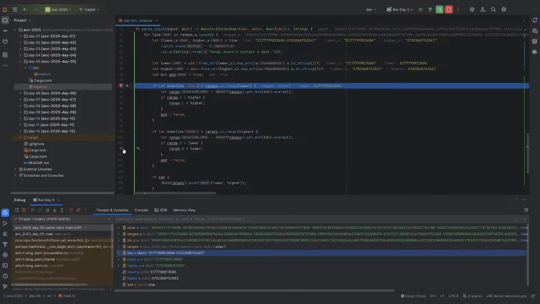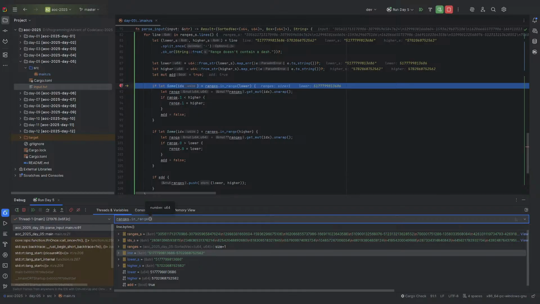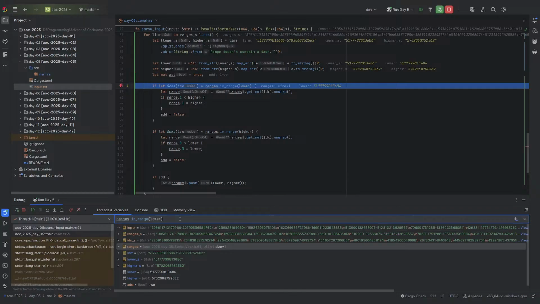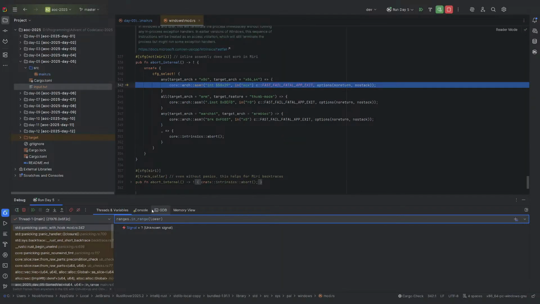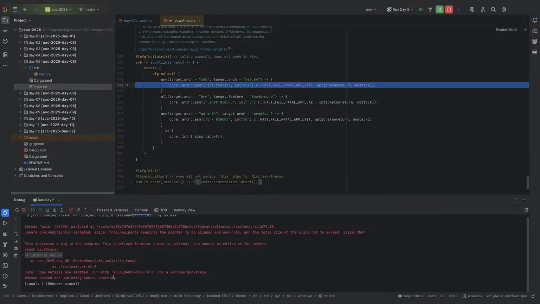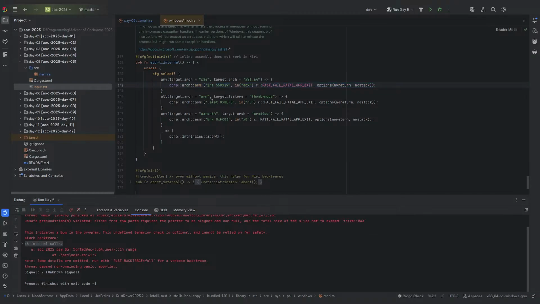This thing's lower bound should fall into something's range. Ooh. That didn't quite work.